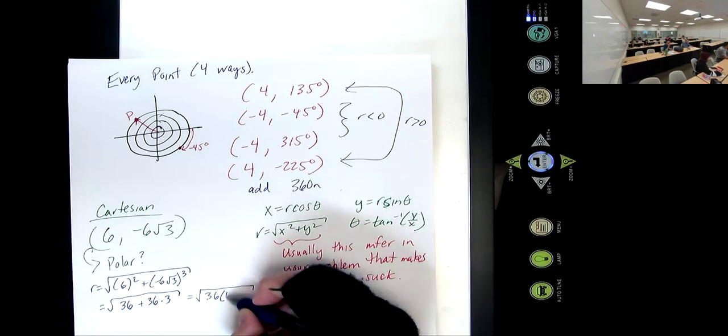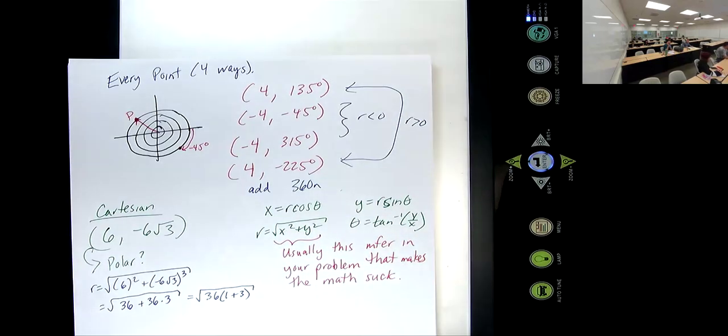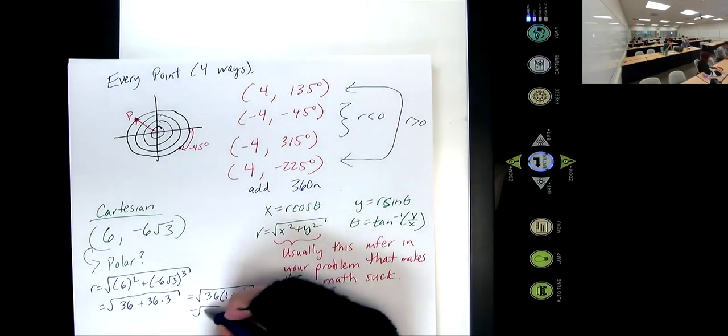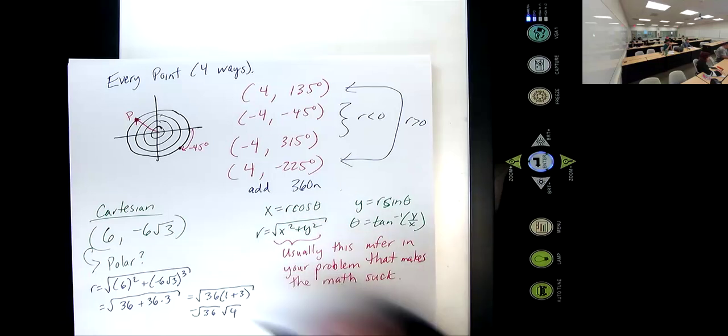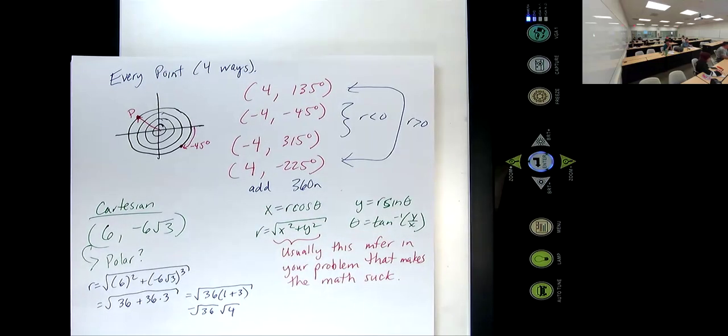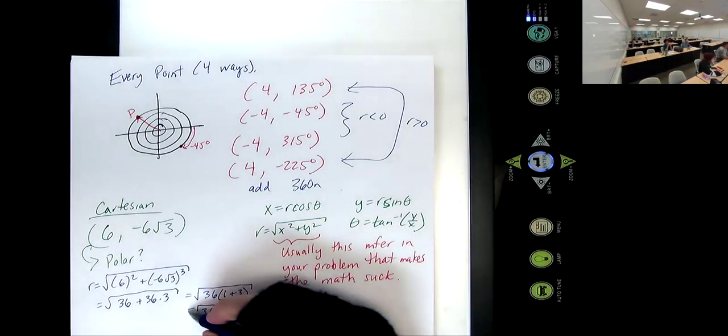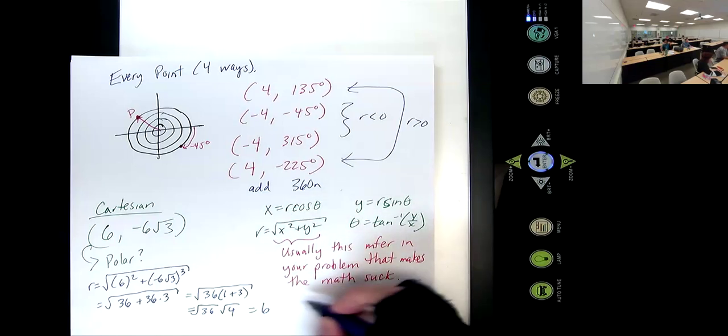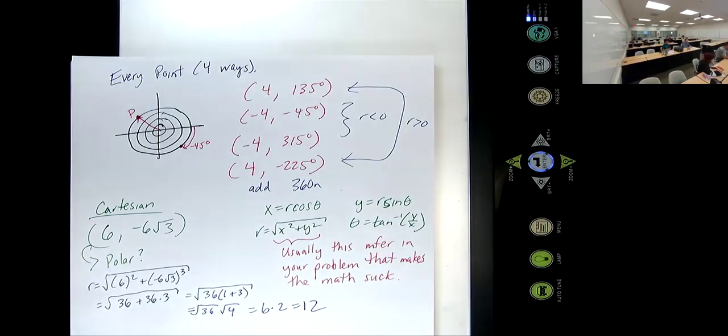I have a 1 plus a 3. I have the square root of 36 and the square root of 4. Both of those you should hopefully know the answer to. Square root of 36 is 6, square root of 4 is 2, so it's 12. And I didn't need to figure out what 36 times 3 is. It was already in a factored form, we didn't need to make it harder.